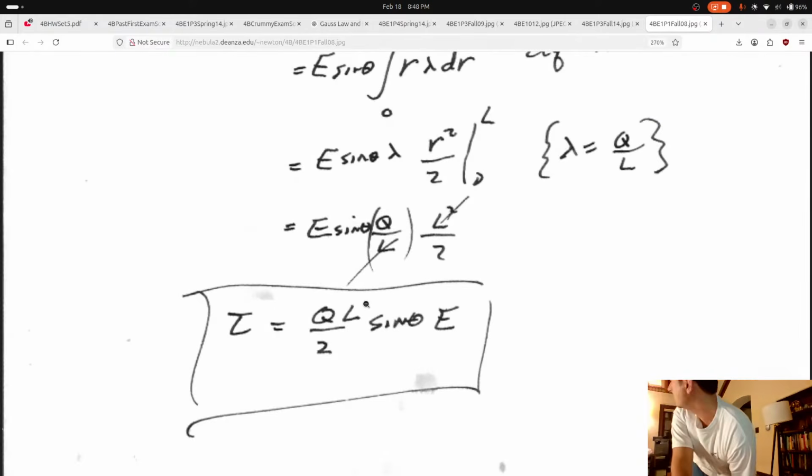QL, yeah, QLE over 2. QLE sine theta over 2. Okay. Easy.